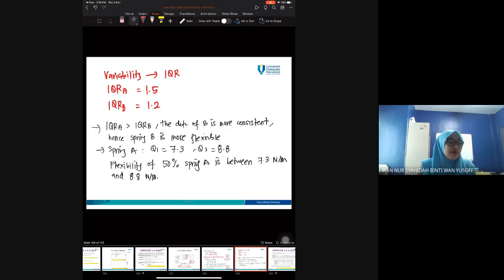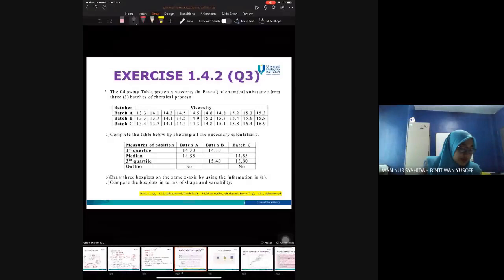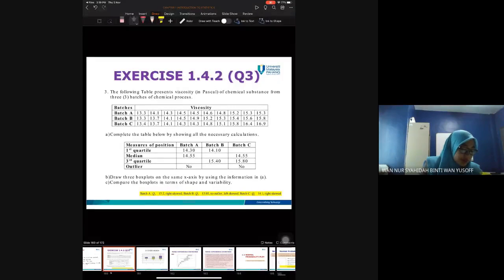How we comment on the box plot, what kind of information we can get from the box plot. For the plotting, I believe you can score full marks when you sketch the box plot. Most students have problems interpreting the box plot. So you can try the rest of the exercise and also the tutorial questions.